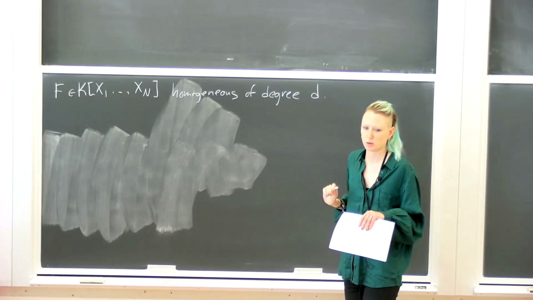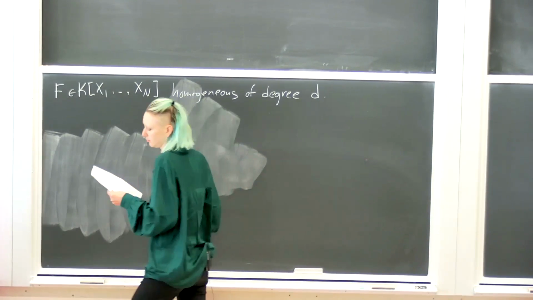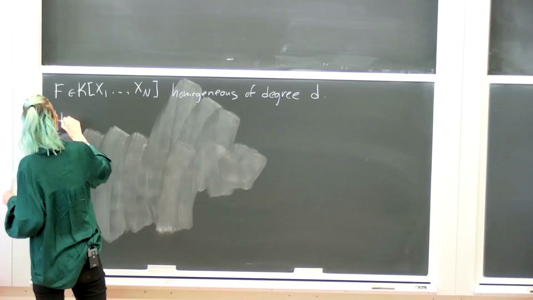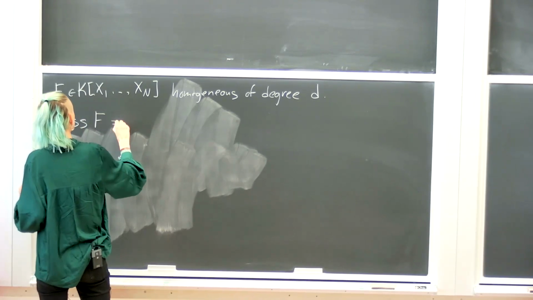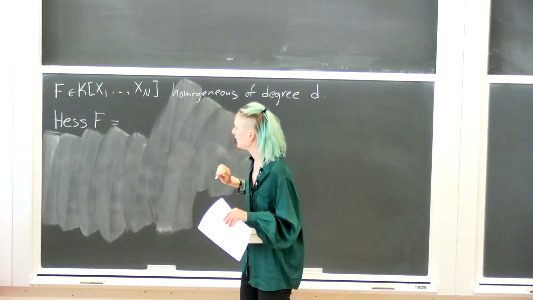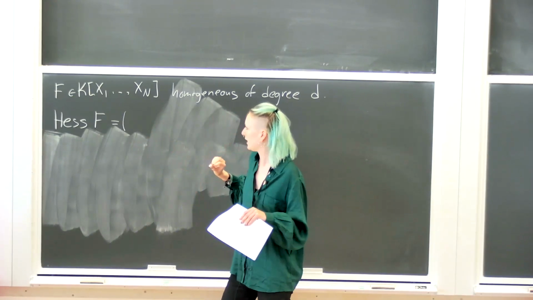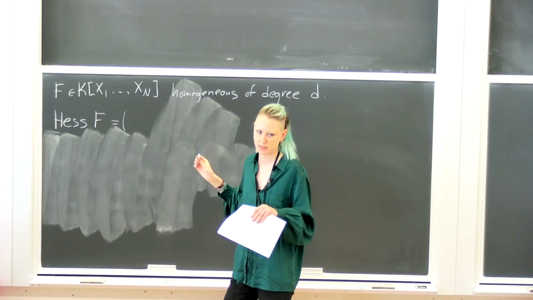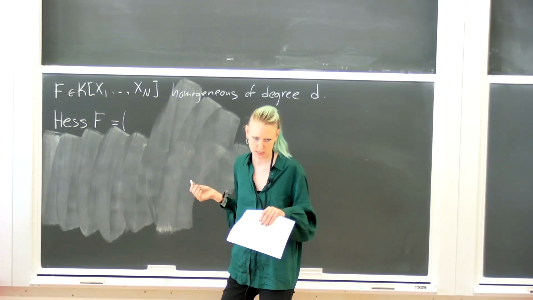From this polynomial we can construct the Hessian matrix. So this is the n by n matrix where the entry in position ij is obtained by taking the partial derivative of f with respect to xi and xj.